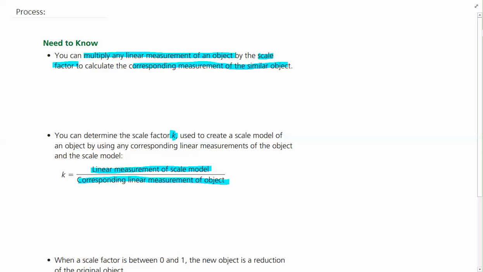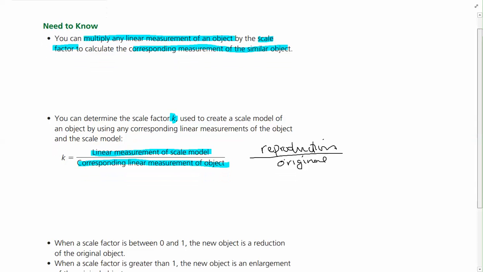So we always have the reproduction over the original. Really we're looking at what we are starting with and what we are producing, and the reproduction is always what goes on top.